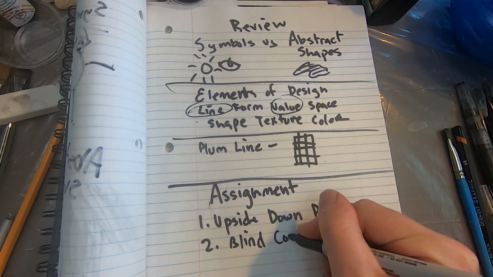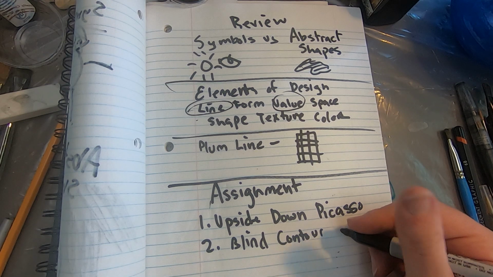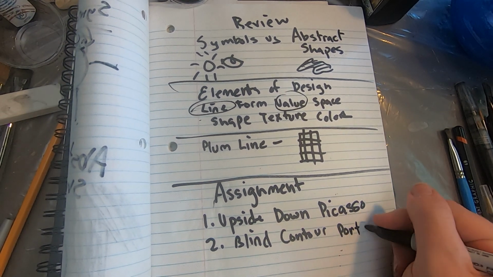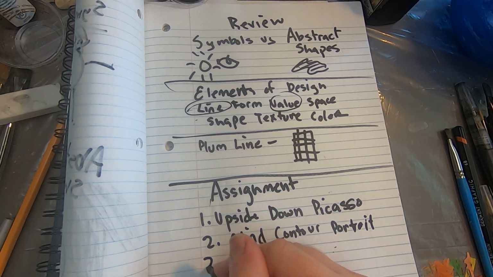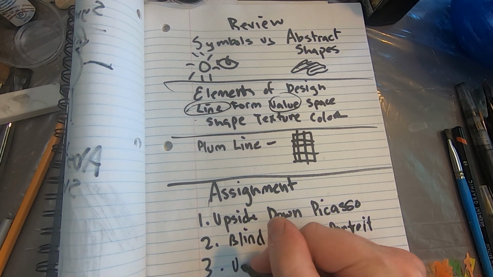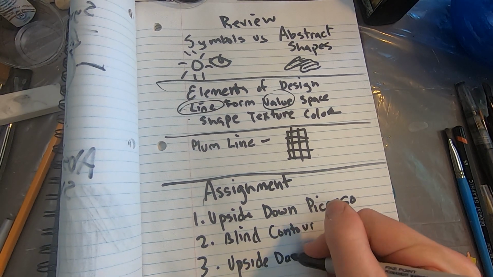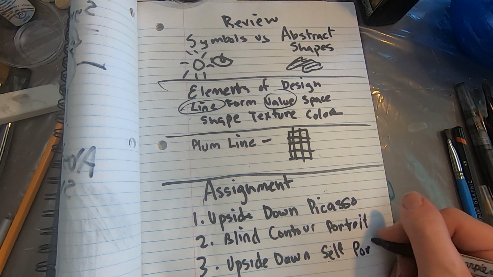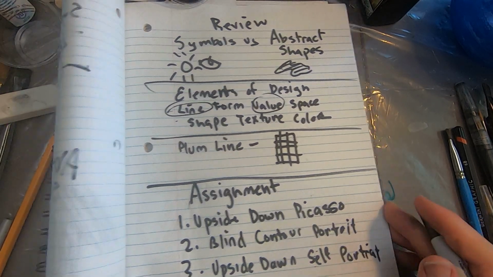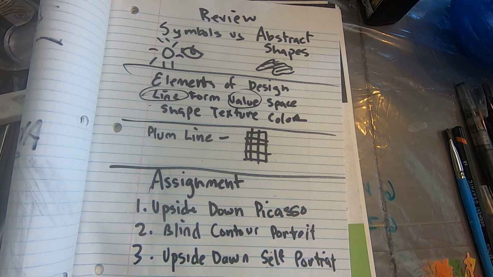So take a picture of yourself and do a blind contour drawing of it. And then the third is the upside down self-portrait. So those are the 3 assignments that you've got to finish by next week.